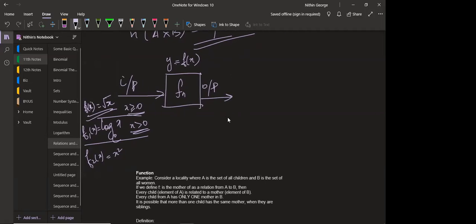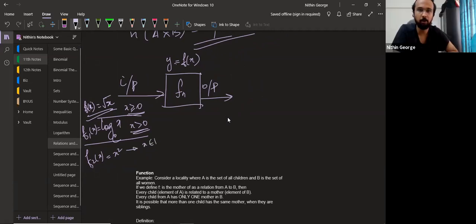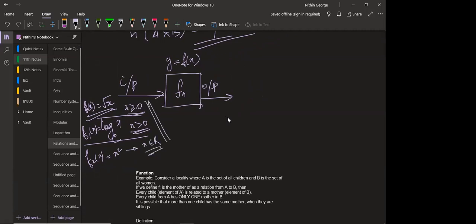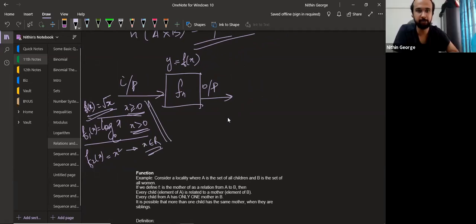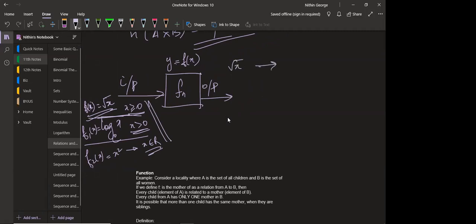Real numbers. It will be all real numbers. Okay. So these are the inputs. What about the outputs? For this one, for root of x, what are the outputs? Greater than or equal to 0. Okay.